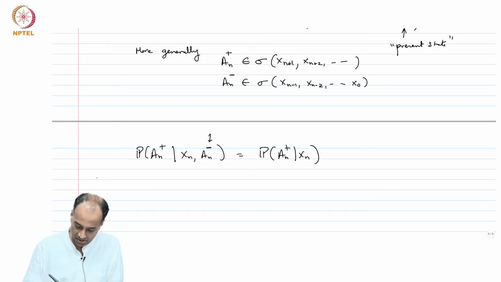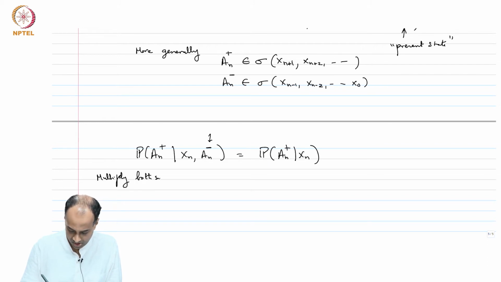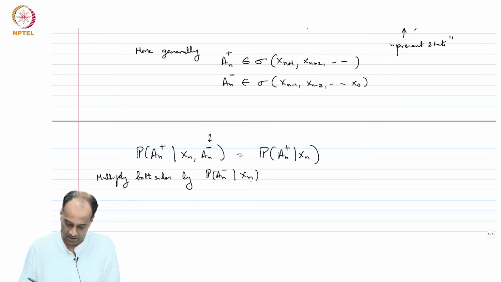Now multiply both sides by P of A_n^- given X_n, and what will you get?